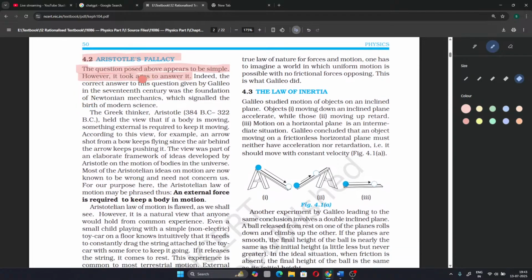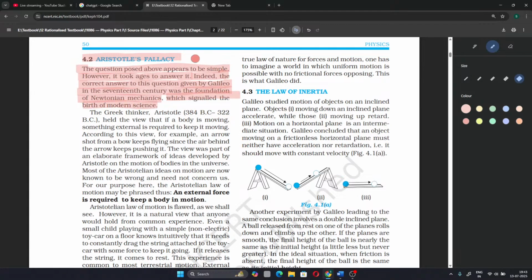This question posed above appears to be simple, however, it took ages to answer it. Indeed, the correct answer to this question was given by Galileo in the 17th century. It was the foundation of Newtonian mechanics, which signaled the birth of modern science.